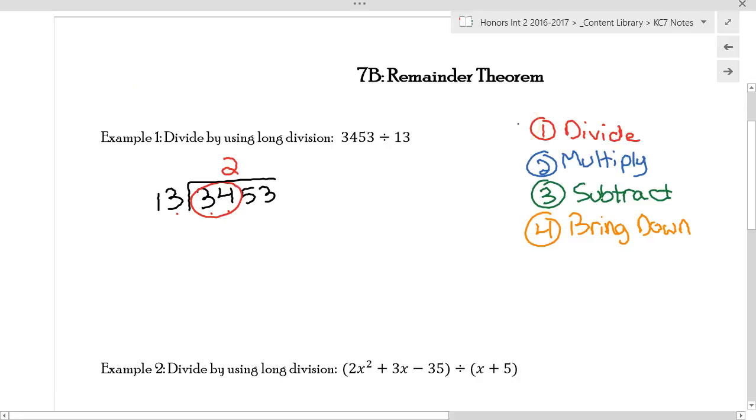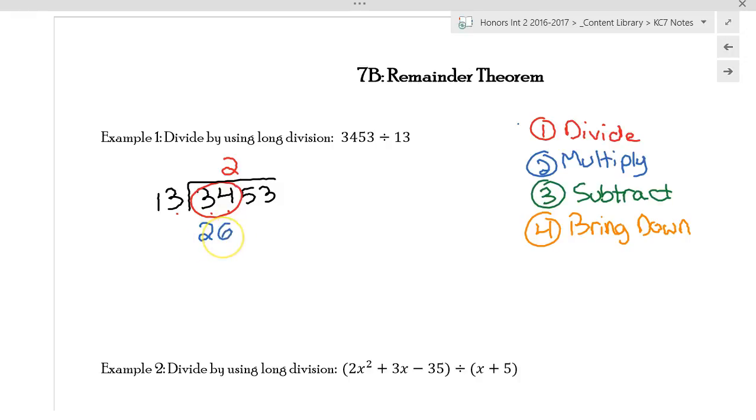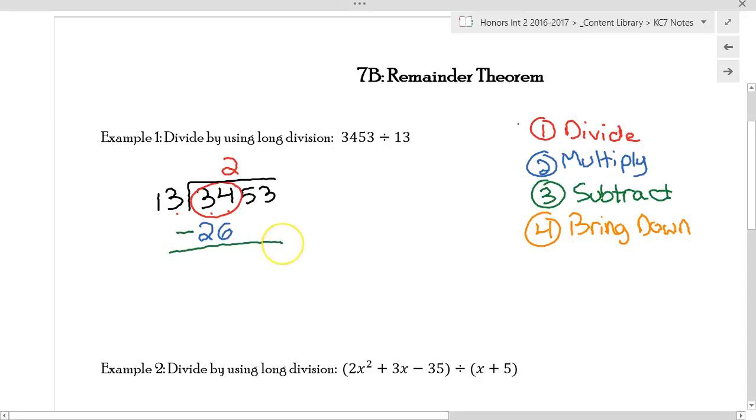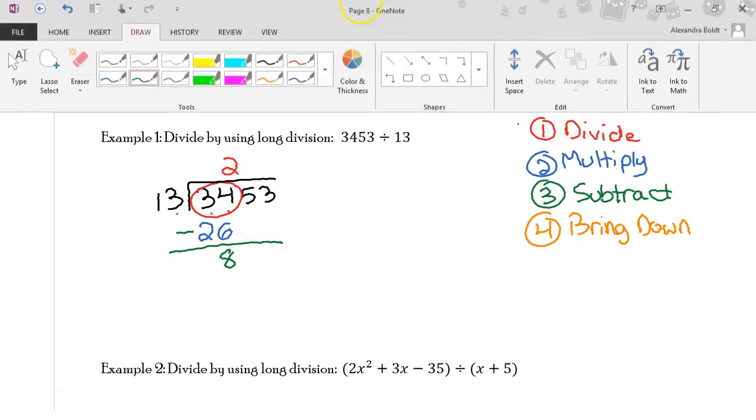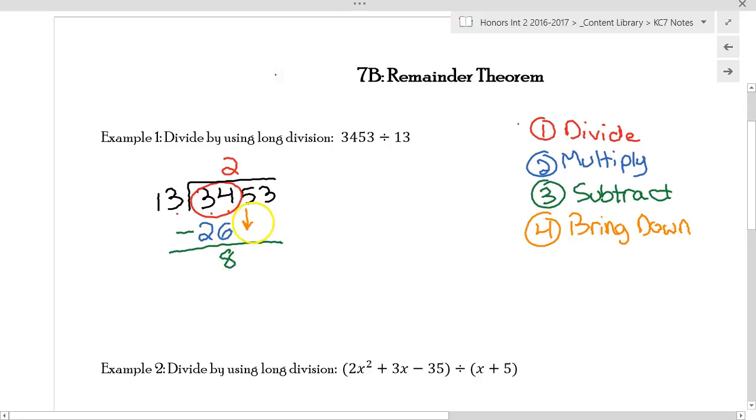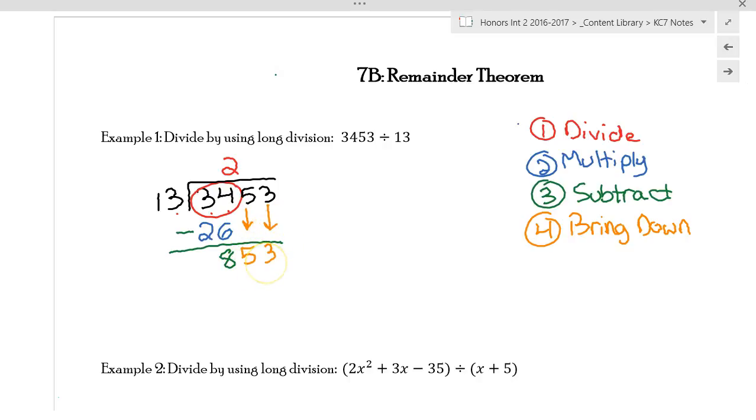Then we have our multiply step. 2 times 13 is 26. Now we have our subtraction step. I'm going to subtract 26 from 34. 34 minus 26, we get 8. And then our last step is to bring down. So I'm bringing down that 5, and I'm bringing down that 3.